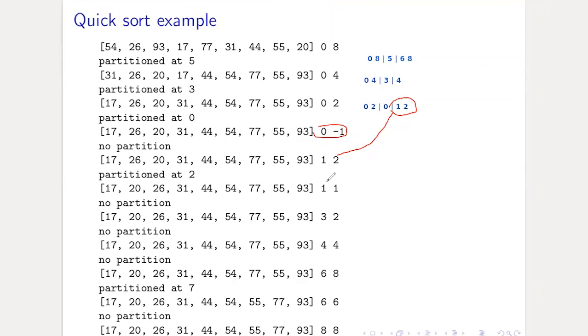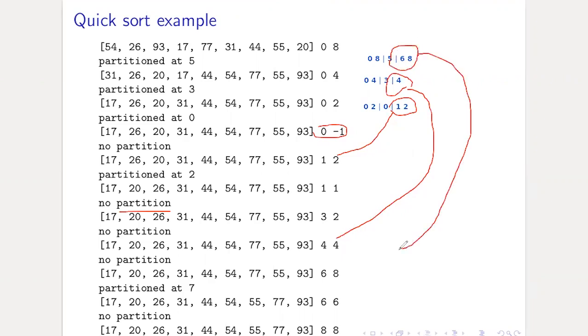Okay, so this is again you are going in the left hand side, and so there will be no more partitioning there. So that is how we proceed, and you can see that the 4 and 4 is given here, and then 6 and 8 is given here.